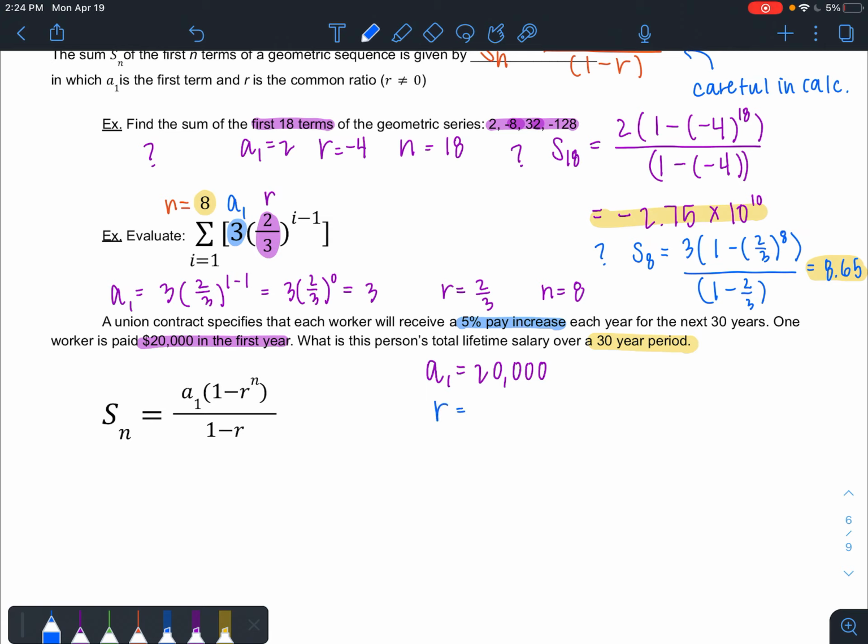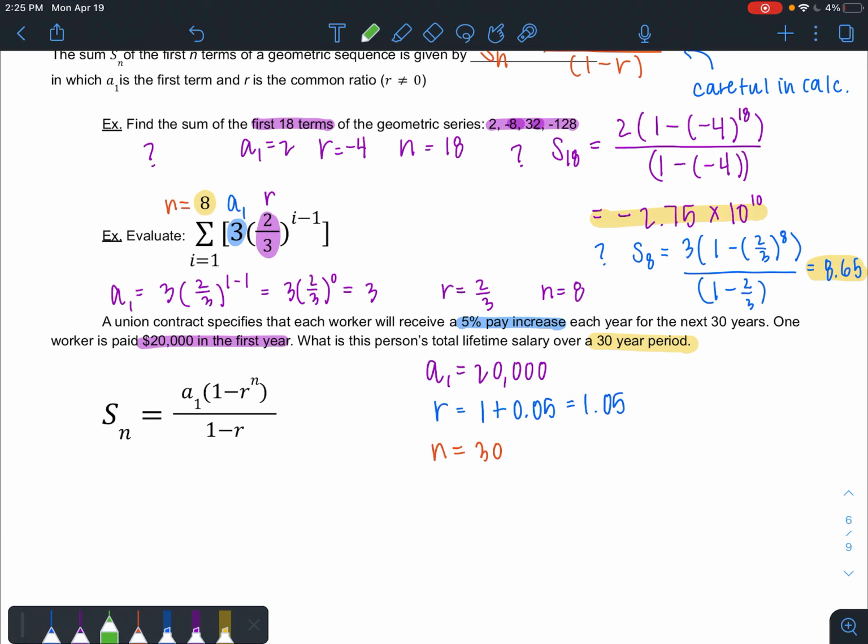Then my r is going to be equal to the 5% increase. So I have to do 1 plus 0.05 to get 1.05 is equal to r. And then my lifetime salary over a 30-year period. So my n is 30. So what is my salary each of those 30 years? And then I'm adding them all together.